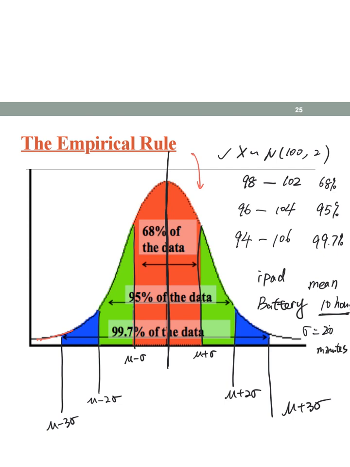So the time the battery could last is normally distributed with mean equal 10 hours and standard deviation equal 20 minutes.